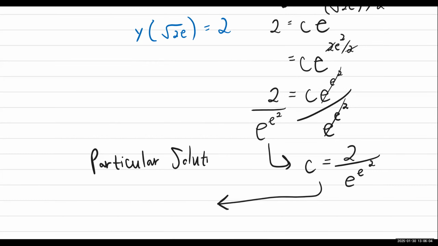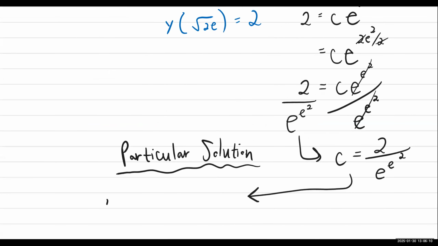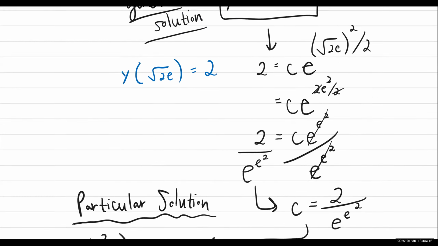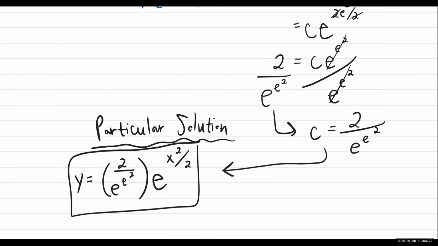So what will that look like? Go back to your general solution and replace c with 2 over e to the e squared, times e to the x squared over 2. And there's your particular solution to that first-order differential equation.